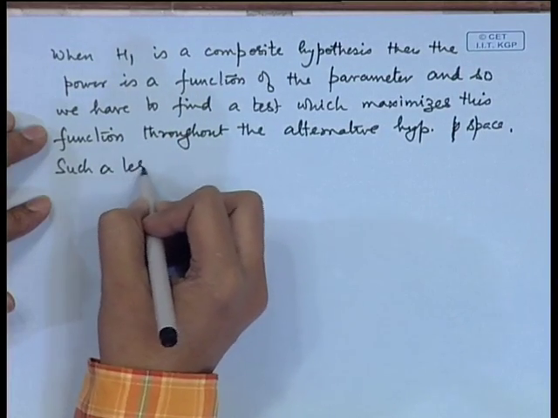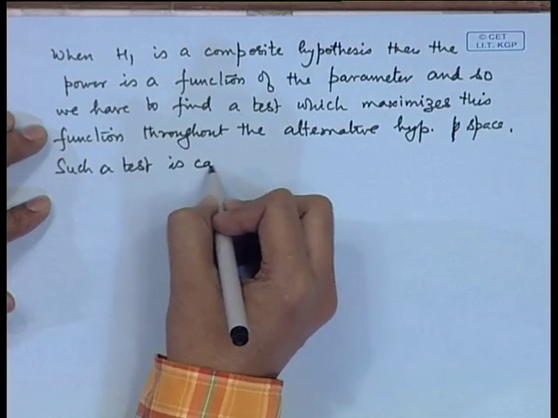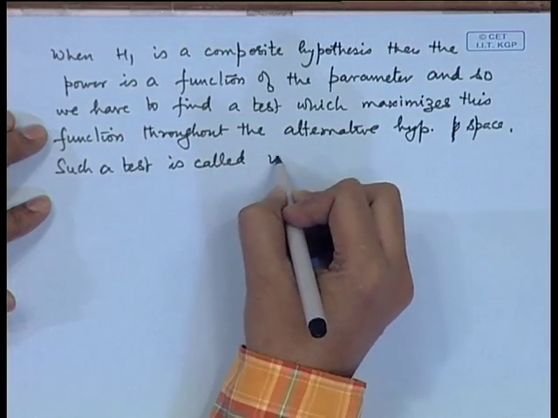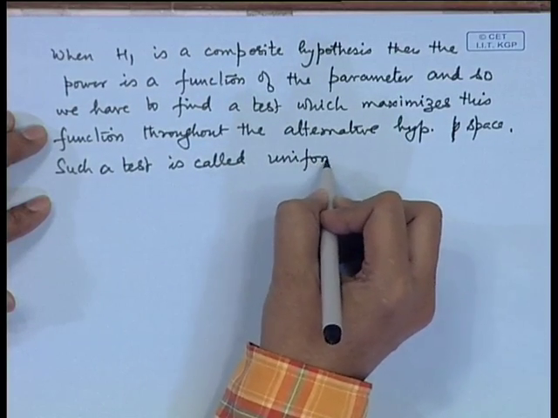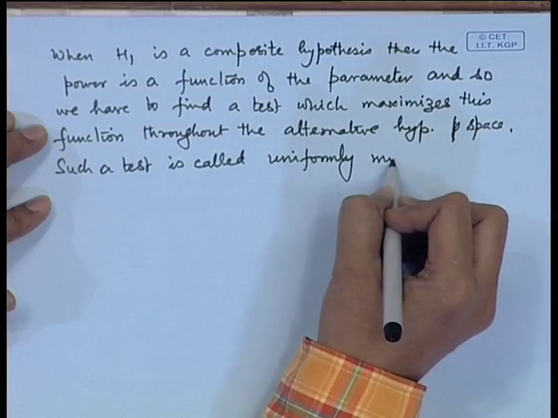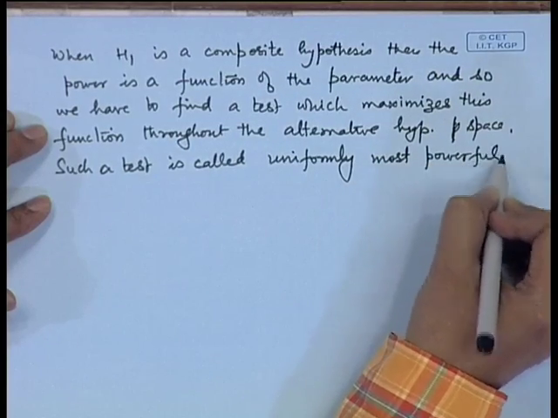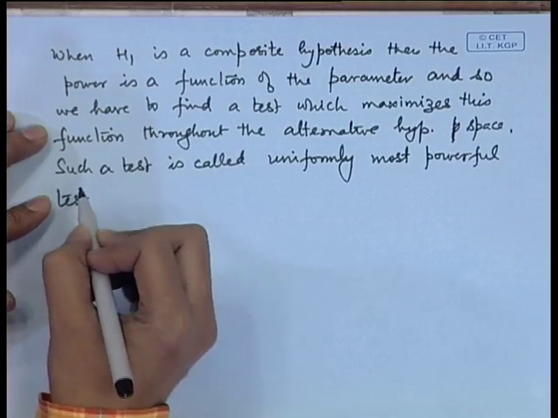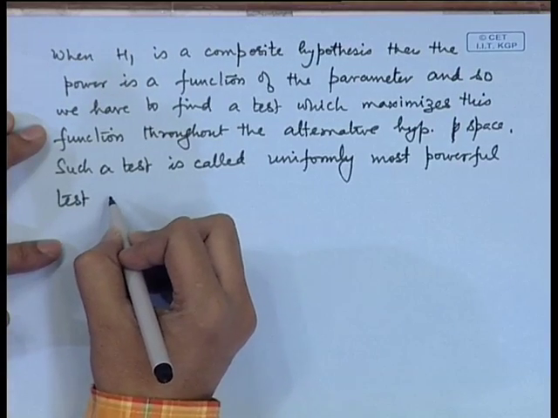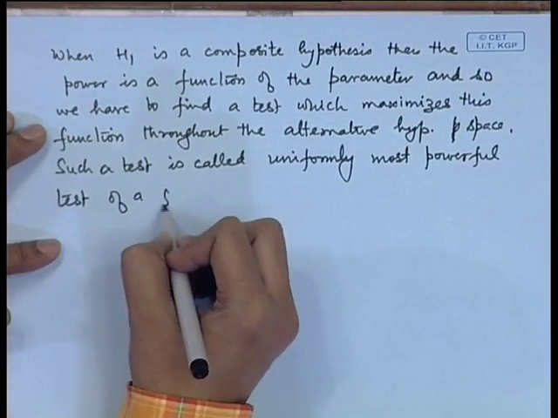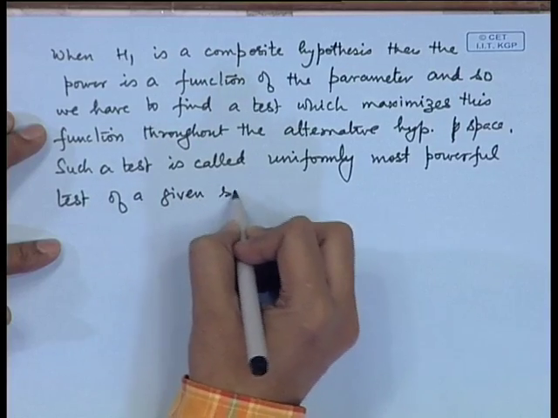Such a test is called a uniformly most powerful test of a given size.